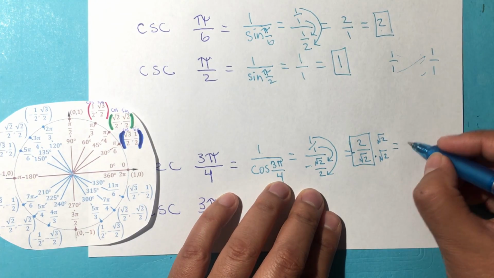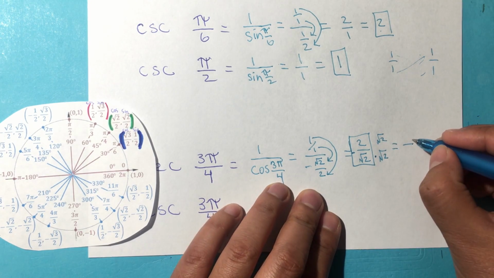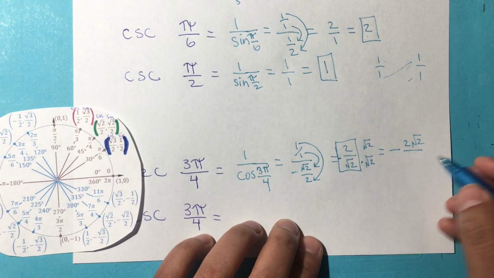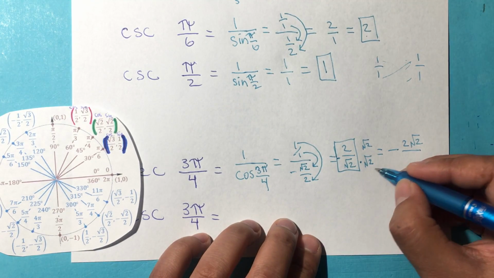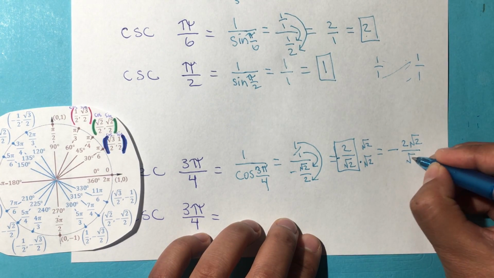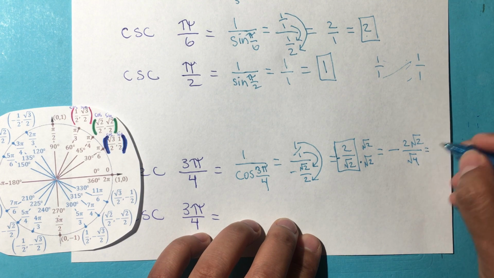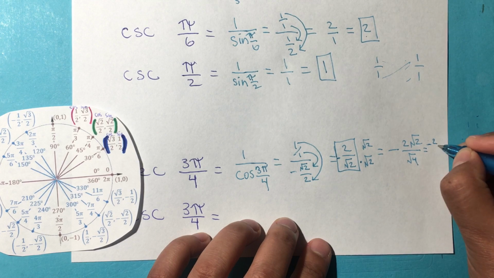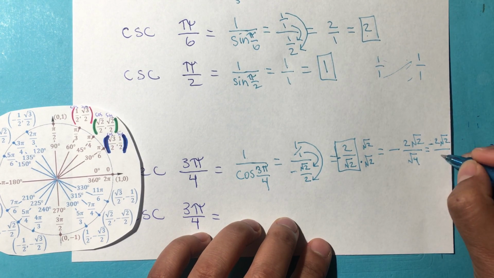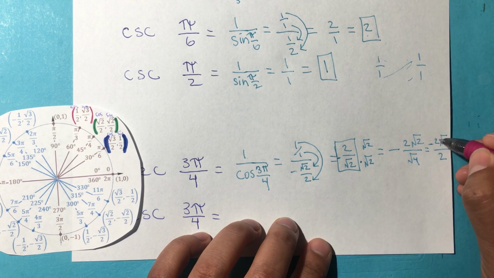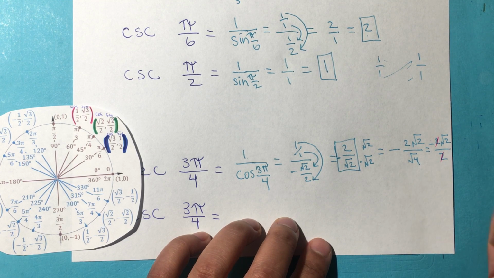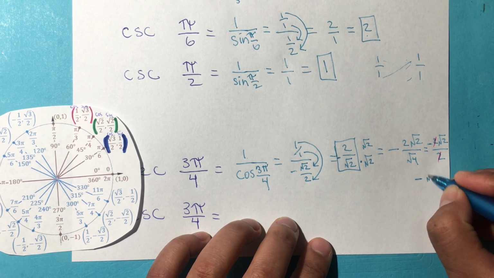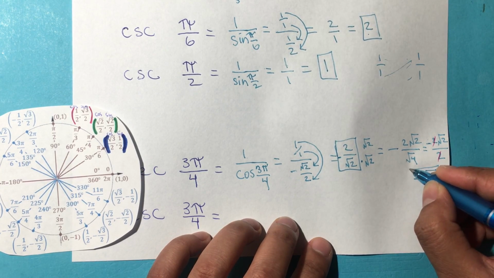Again, bring over the negative. 2 times square root of 2 is 2 square root of 2. 2 square root of 2 times square root of 2 is square root of 4. And that becomes negative 2 square root of 2 over 2. This cancels, or we can say negative 2 divided by 2 is negative, and then we just say square root of 2. So that's going to be my answer.